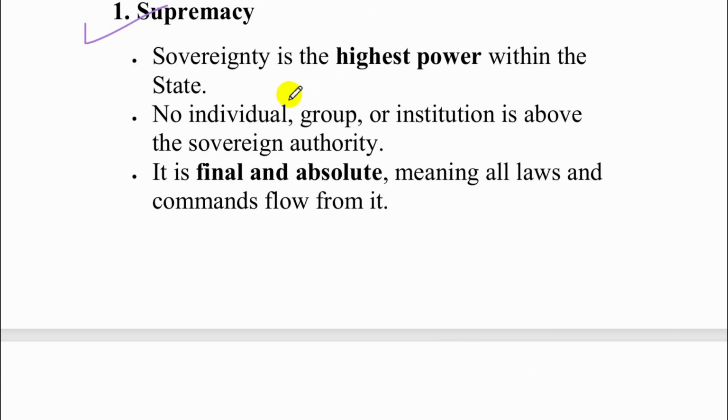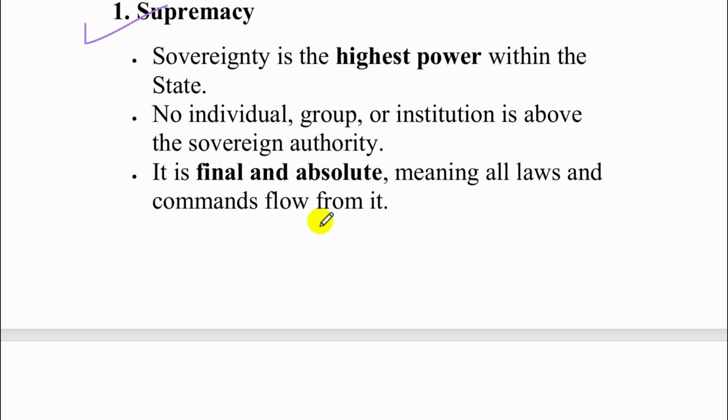Sovereignty is the highest power within the state. No individual, group, or institution is above the sovereign authority. It is final and absolute, meaning all laws and commands flow from it. One thing to remember here is that state is a concept, state is an idea.